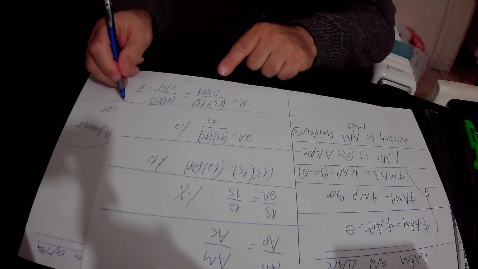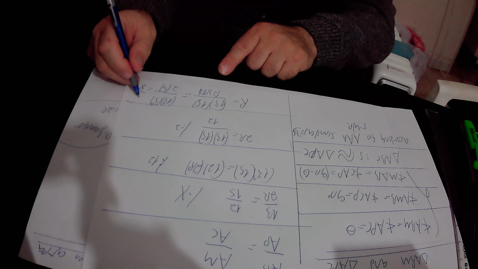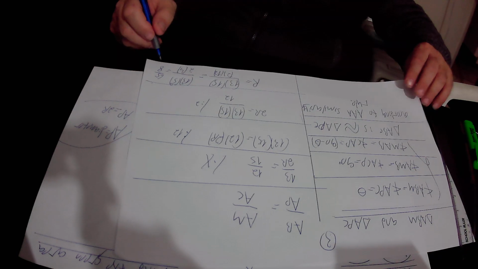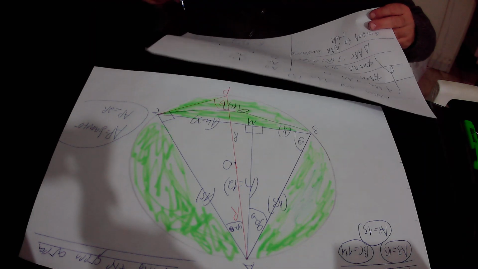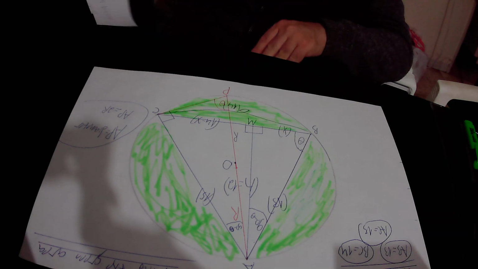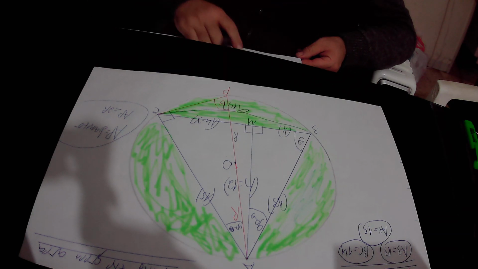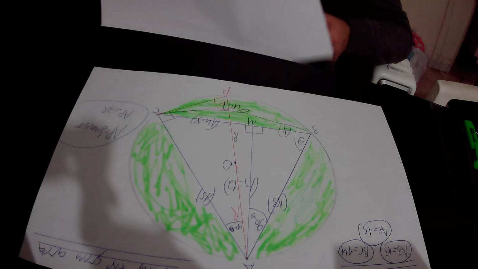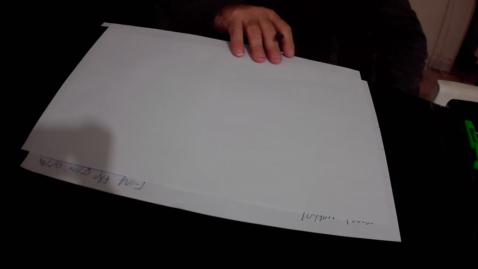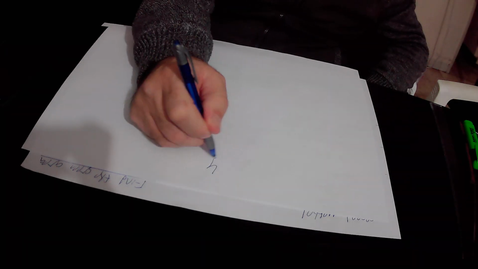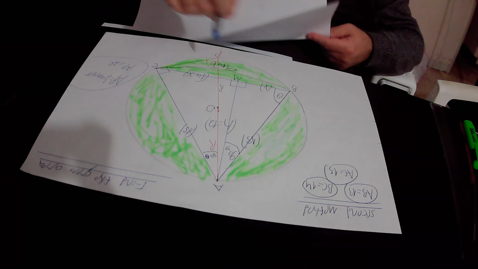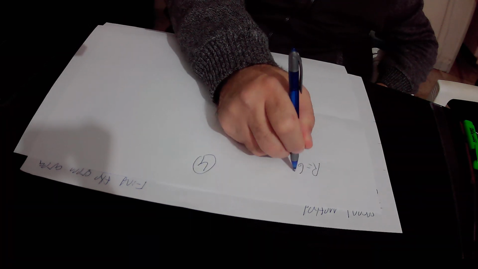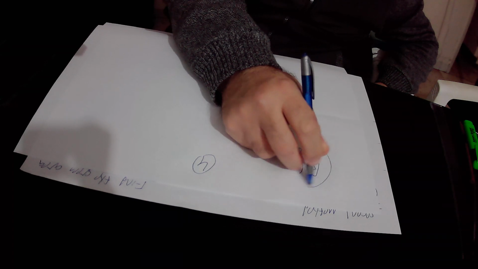In the numerator we have 13 times 5, that is 65. In conclusion, the radius of this circle R equals 65 over 8 units. So I write it down. The radius R of this circle equals 65 over 8 units.